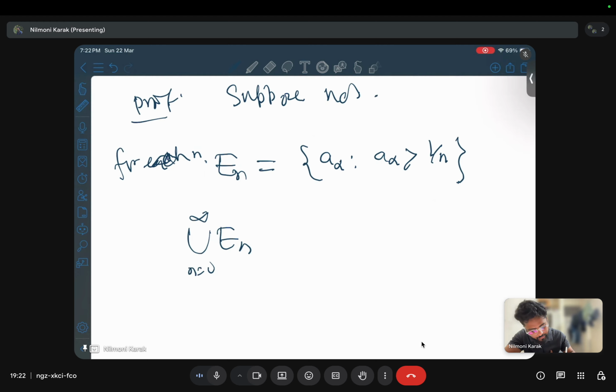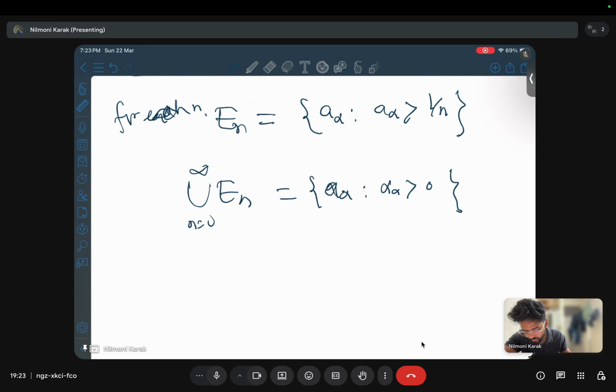This is basically A alpha such that A alpha is positive, so all are included. And so one of this set E n must be uncountable, because this union is uncountable. So suppose E n is uncountable.